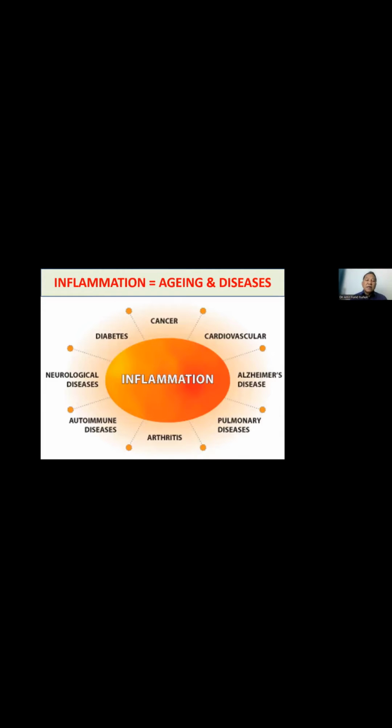So when the science moved to inflammation as the underlying cause for aging, diseases, and cancer, it was found that glutathione also plays a major role, because earlier I mentioned that glutathione is a very powerful anti-inflammatory agent.